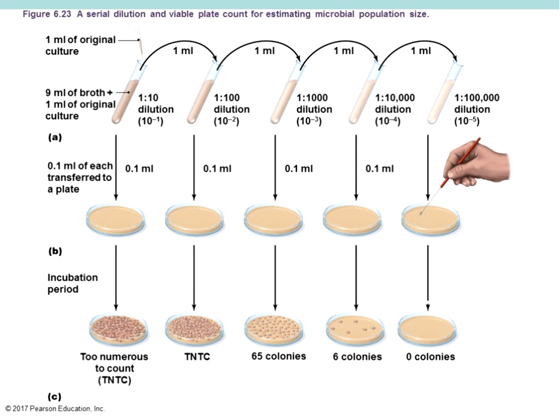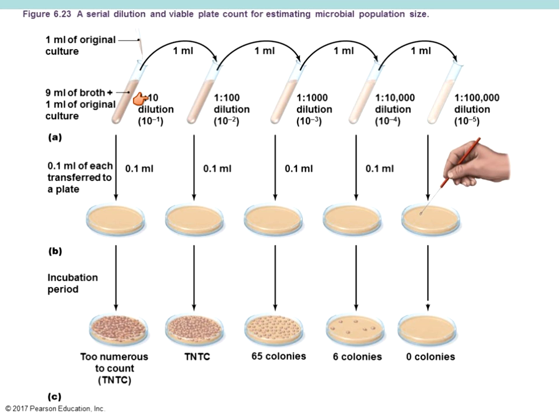So here's that serial dilution method that we have done in class. Remember, we take our original inoculum, put 1 ml of it into a broth containing only 9 ml, and then we take 1 ml of that into another, so that we reduce the concentration of the microbes by 10 every time. So the first time is 1 out of 10 ml, the second time is 1 out of 100 ml, and then 1 out of 1,000 ml, and so forth.